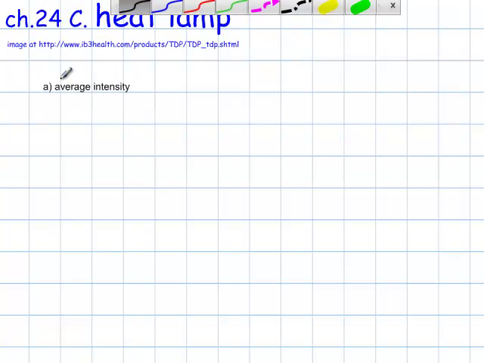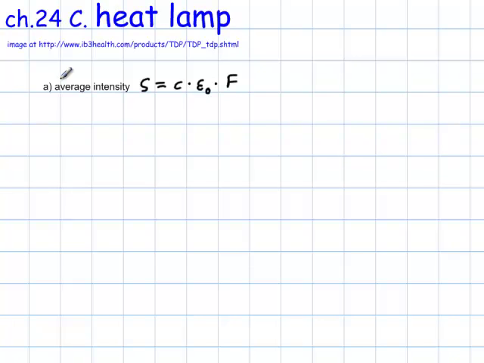And there is an equation for that in the book, which says that the average intensity S equals the speed of light times the permittivity of free space times the electric field squared. And of course this number you look up this time around in meters per second. So 300 million meters per second times epsilon naught.